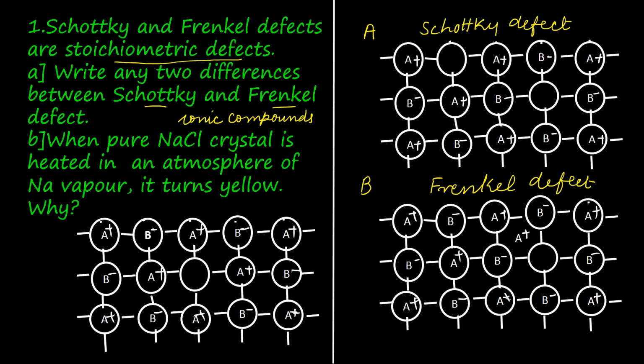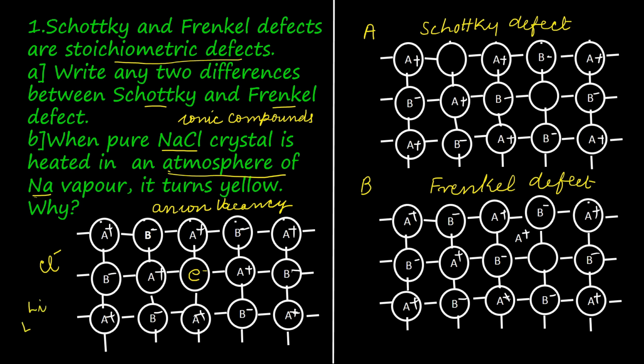Then the chloride ion escapes to the outside and combines with sodium, forming sodium chloride, and the sodium atom gets ionized and the electron released by the sodium atom diffuses into the crystal, occupies the vacant space left by the chloride ion which has escaped out. This free electron absorbs energy from white light which gives yellow color. This free electron site is called F center or Farb center. Farb in French means color.